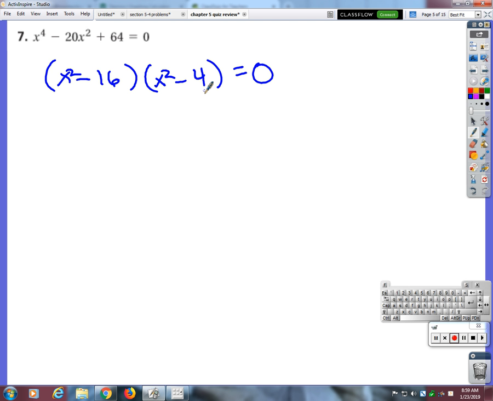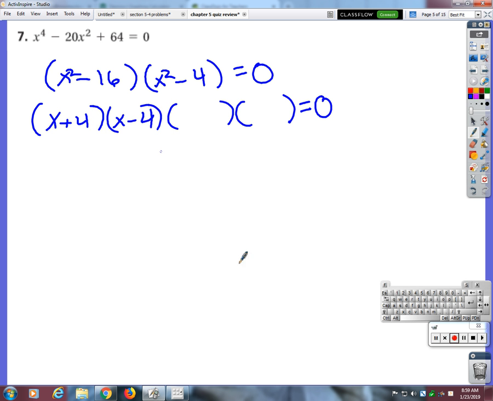All right, so that gives us x squared minus 16 times x squared minus 4 equals 0. Well, here's the fun thing. Both of these can factor into two pieces of their own because they're both the difference of two squares. X squared minus 16 factors into plus and minus 4. So this is x plus 4, this is x minus 4.